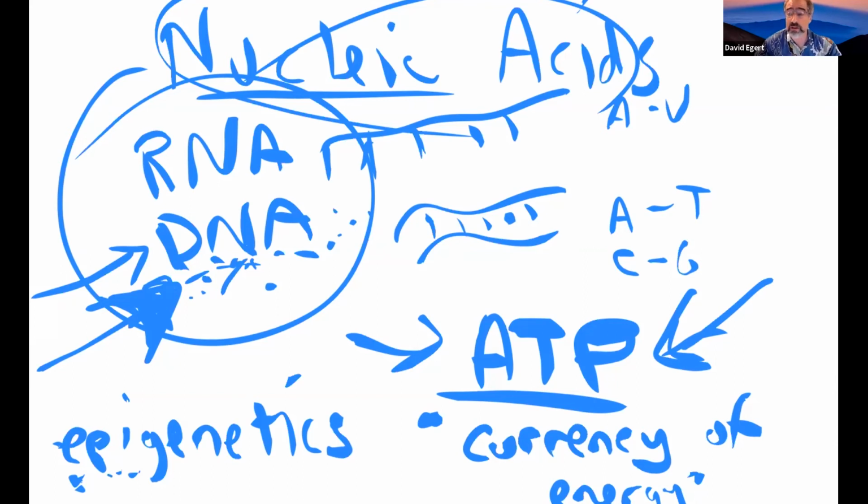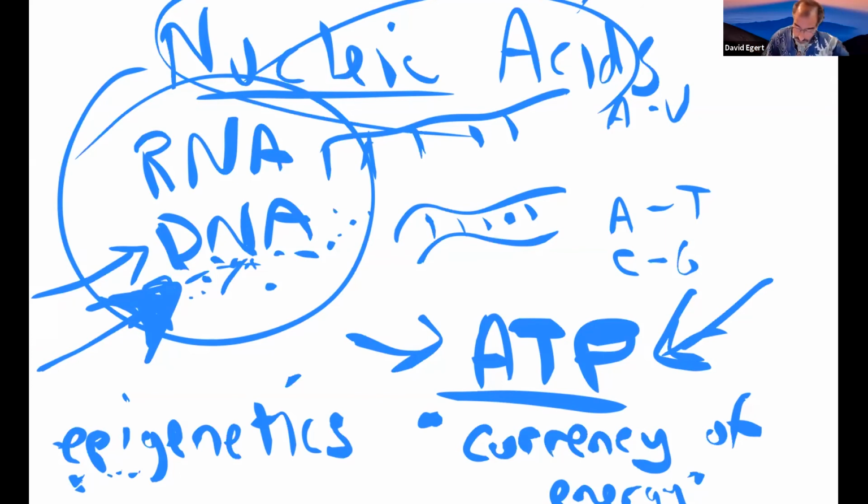It's like having a wallet full of cash. You're just ready to go. You don't have to go through some complicated process to have energy on hand at the moment.